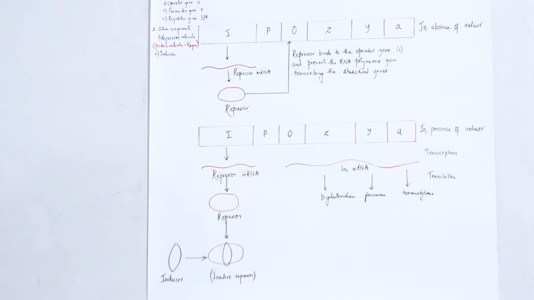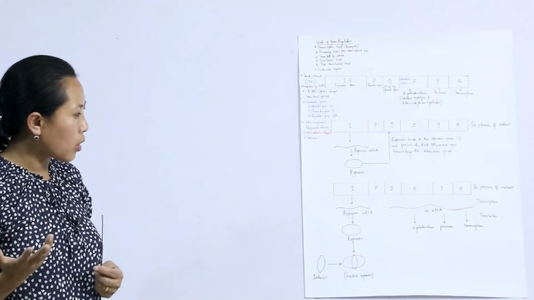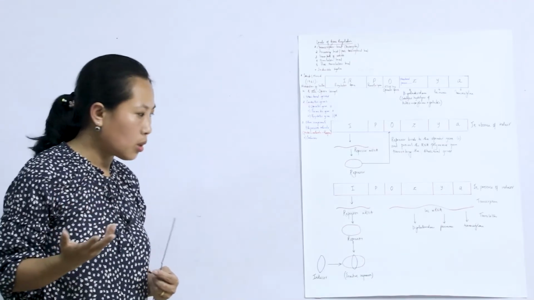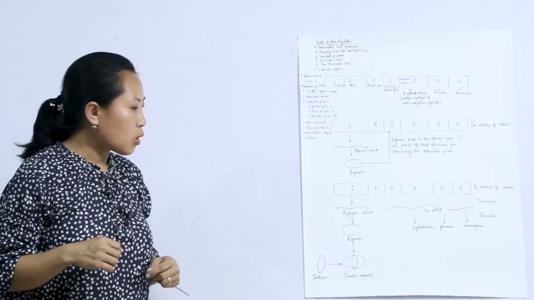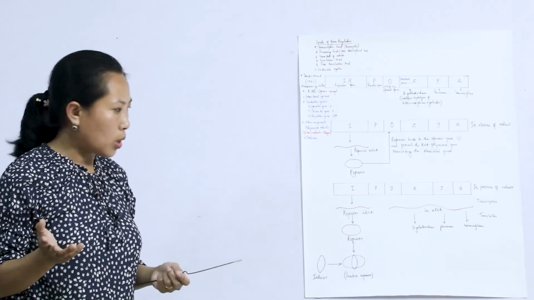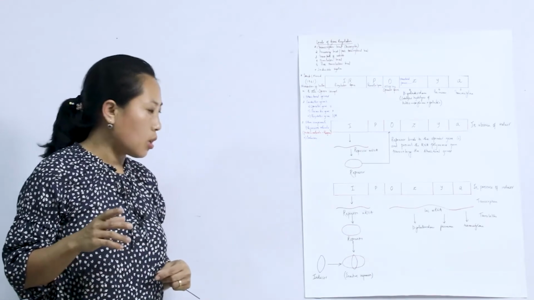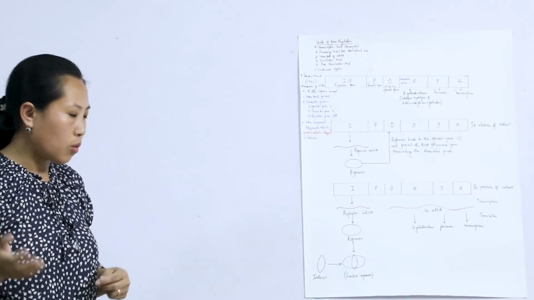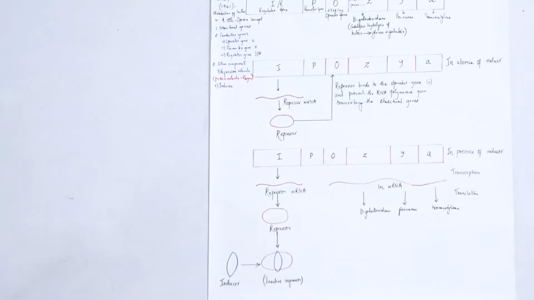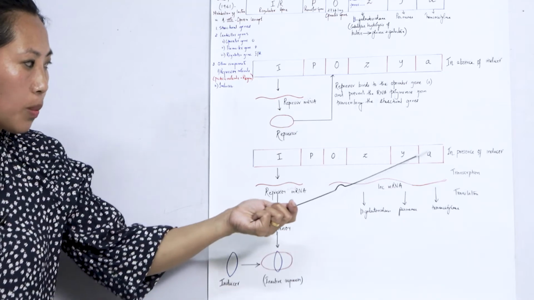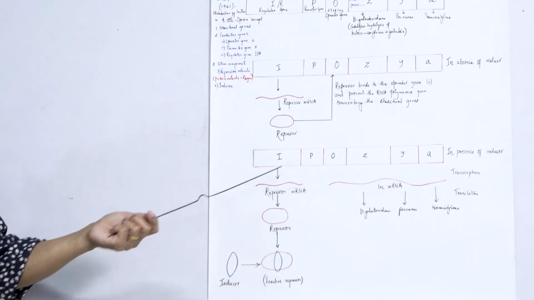Then after transcription, in case of eukaryotes, transcript modification is required. But in case of prokaryotes, the mRNA transcript does not require any processing because it is stable and mature, and can immediately undergo translation. So transcription of the structural genes is catalyzed by the enzyme RNA polymerase.